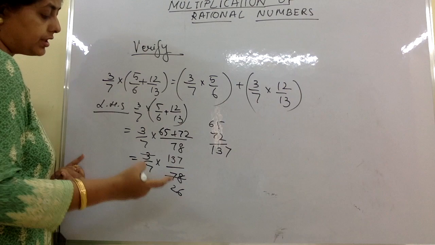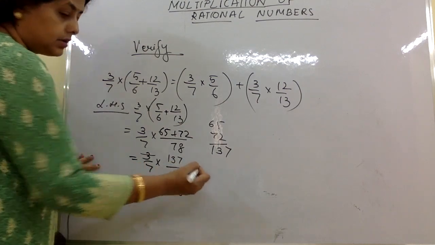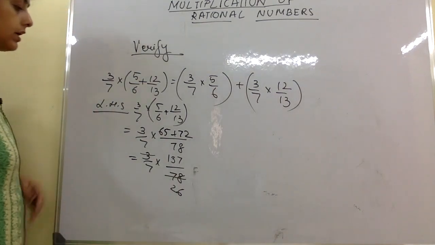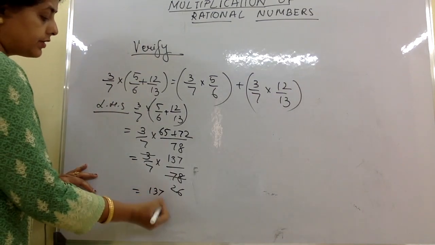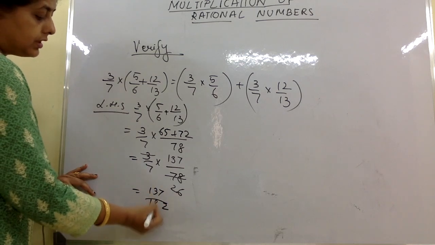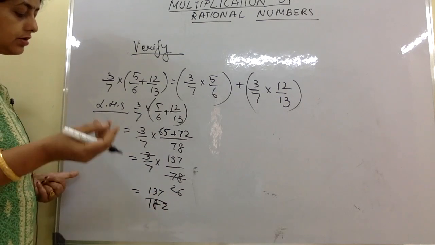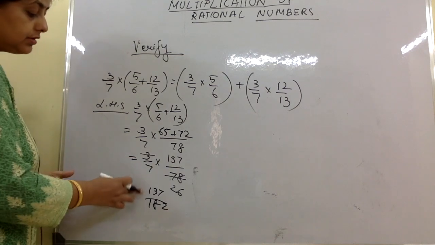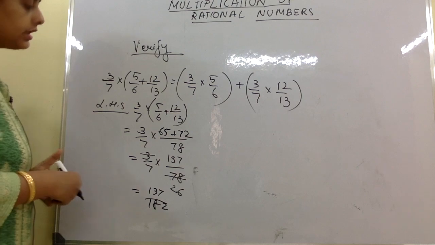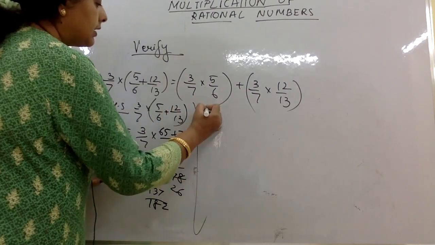Now does it go any further? It doesn't go any further, so we will just write the answer by multiplying. So 137 by 42, 7 6s are 42, 42 13s are 182, and it cannot cancel any further. 137 by 182. Okay, now we'll take the RHS.